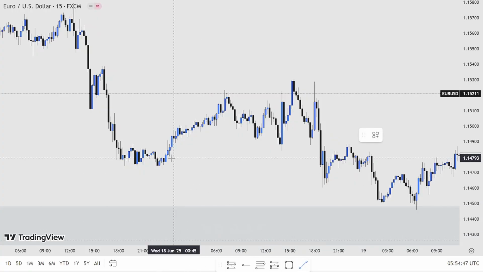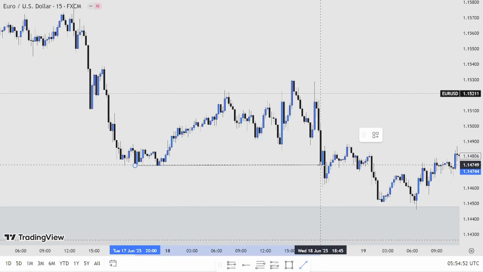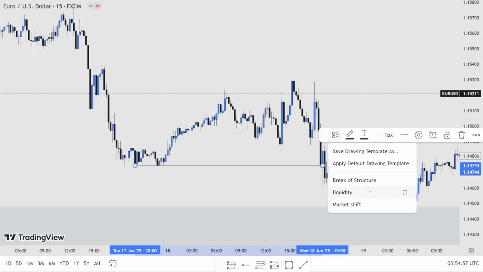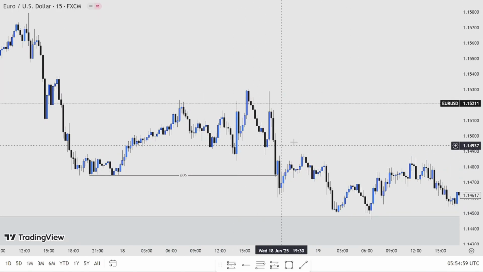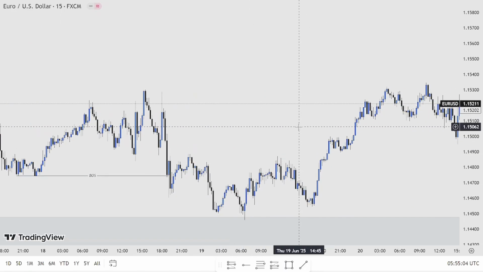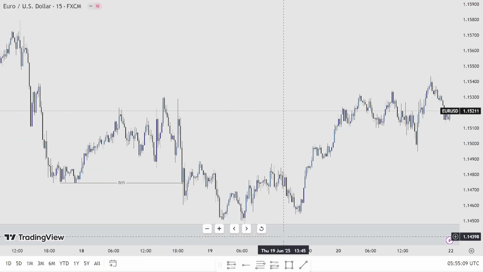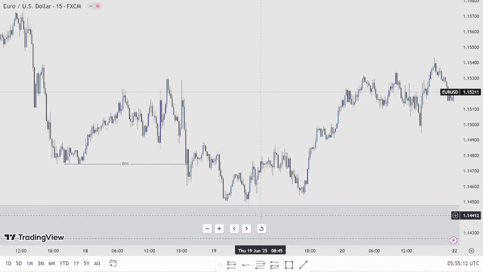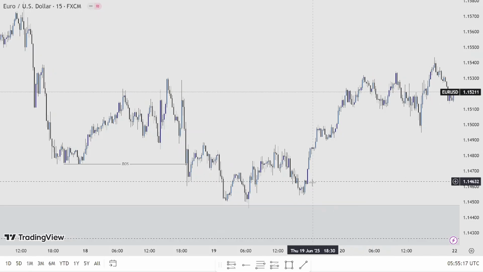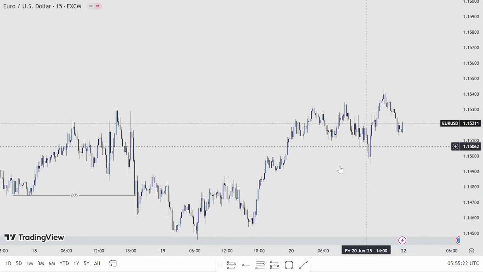Here we can see this is our last break of structure going down. It triggered our point of interest here, and then it did a V shape, showing that there's more momentum getting into the market.